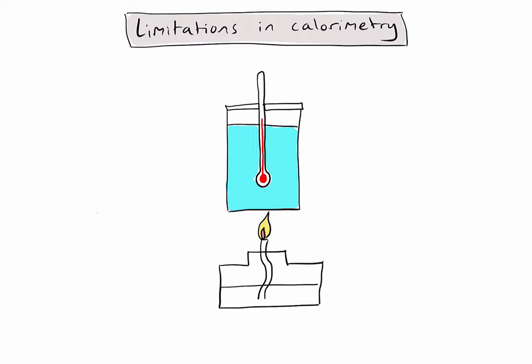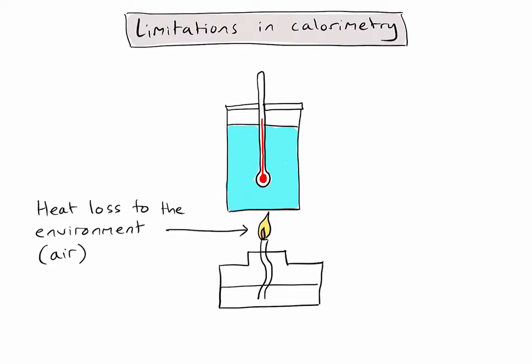There are two major limitations to this methodology. The first one is heat loss to the environment. And specifically what we're talking about here is energy loss to the air around that reaction, not transferring directly into my calorimeter.